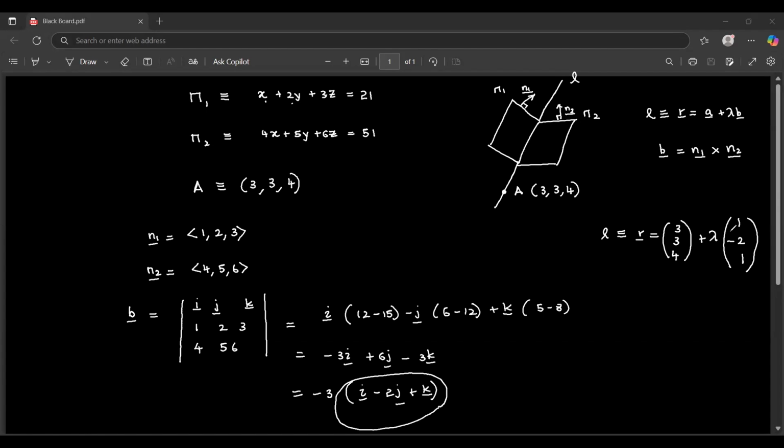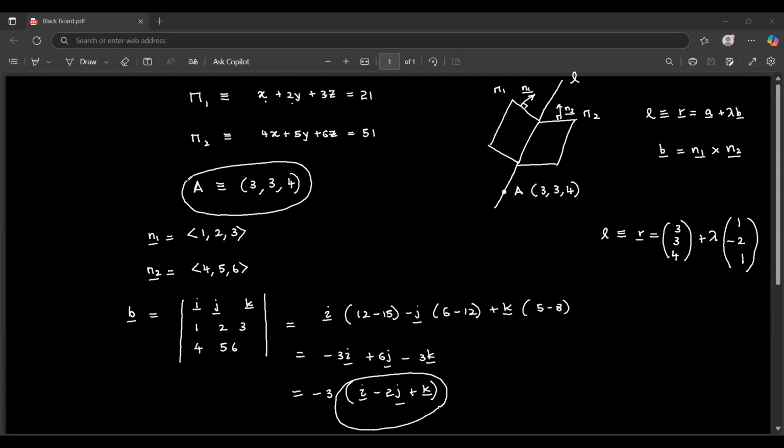So this is the first method. In the next video, we will be focusing on the second method, where you will be using the parametric method to find the equation of the line. In that question, you won't need the point on the line. So you have to be clear which question you are applying the method to.